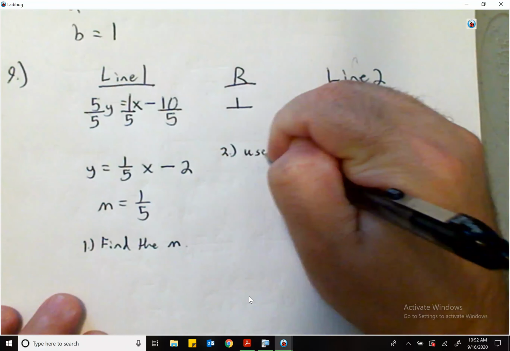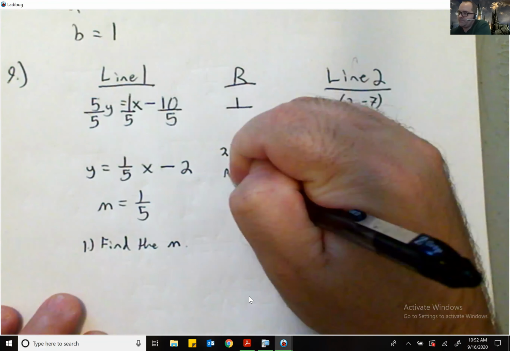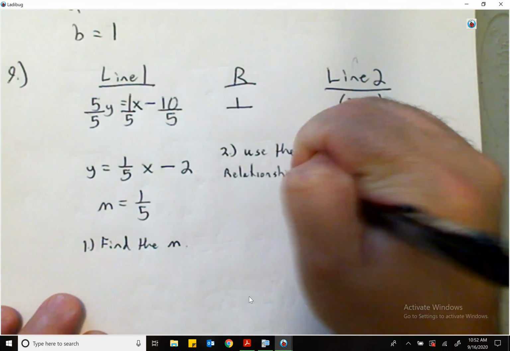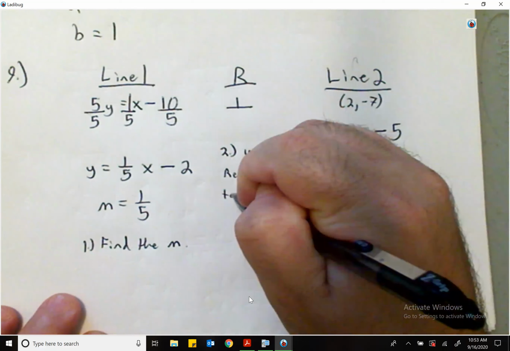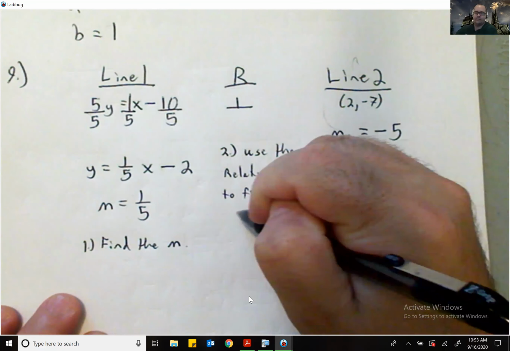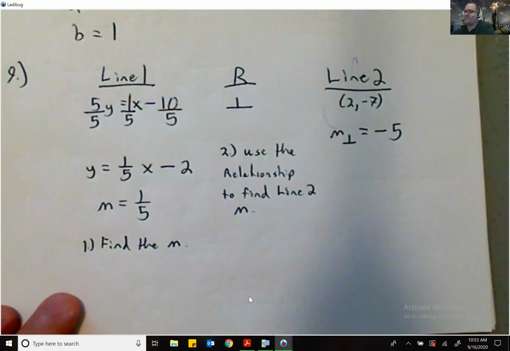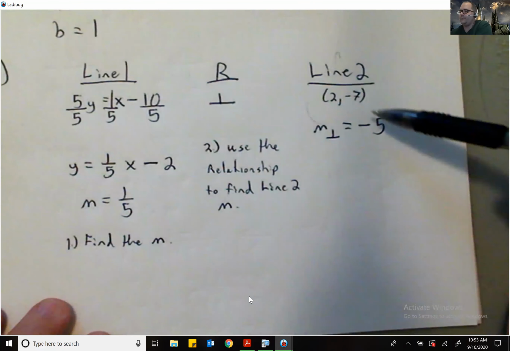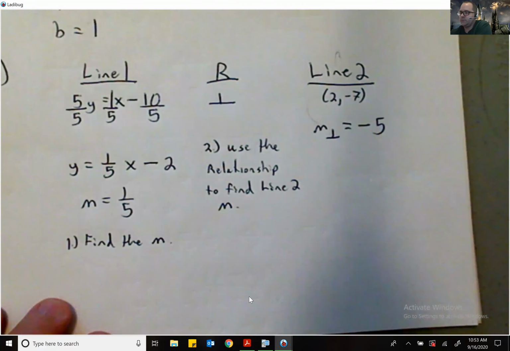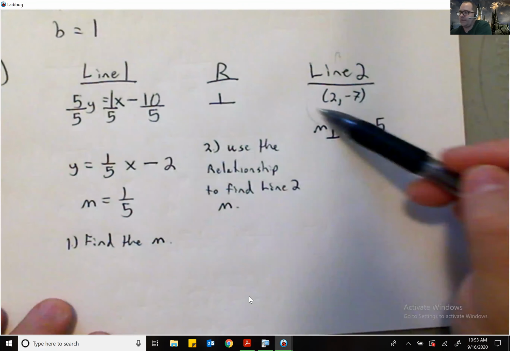Use the relationship to find line 2 slope. And then last but not least, we are right back to what we just did on problem number 8. We have a point, we have a slope.